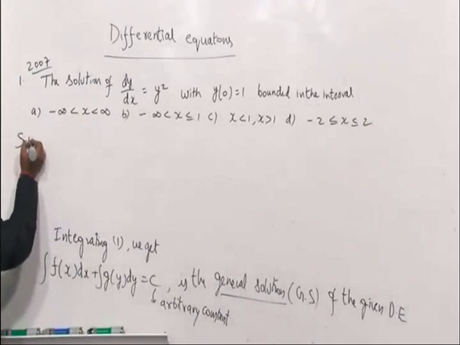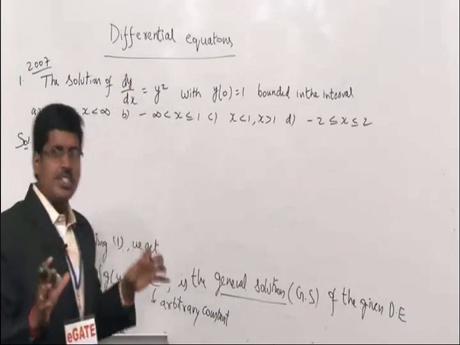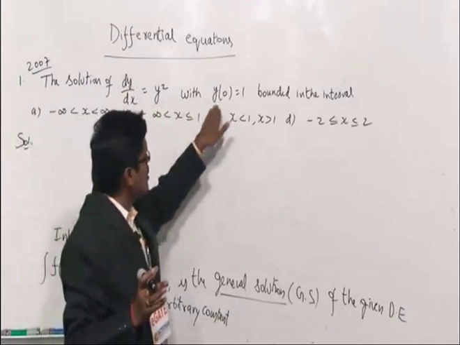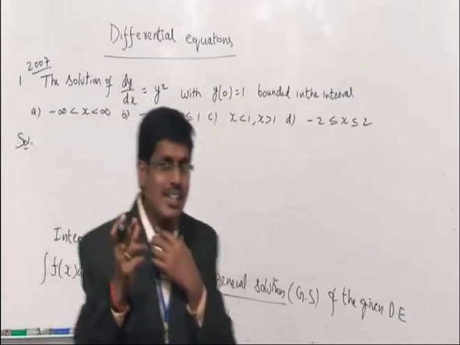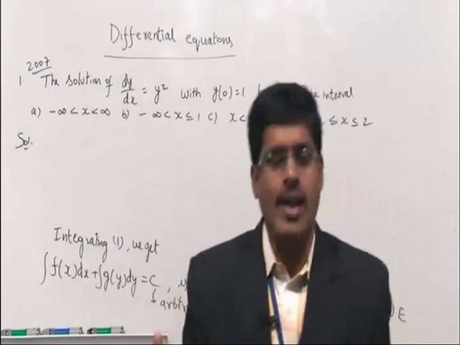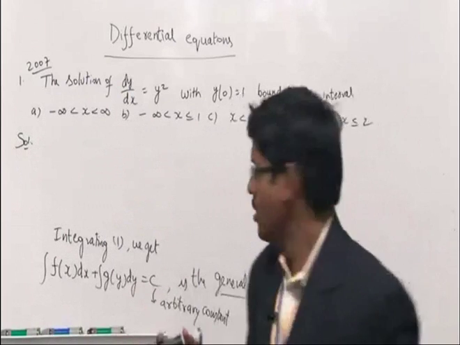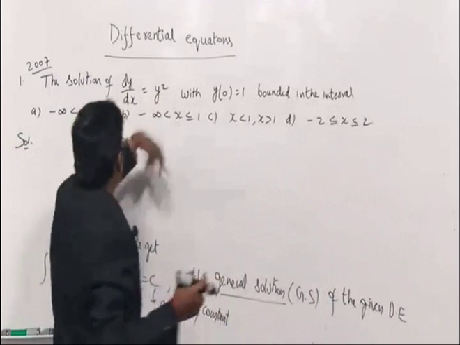Now here solution means the dependent variable, unknown function, that is y. We are going to find y is equal to in terms of x, using the initial conditions, boundary conditions explained. What is the purpose? To determine the arbitrary constant values, to give the arbitrary constant a fixed value. So that means y is bounded in the interval.